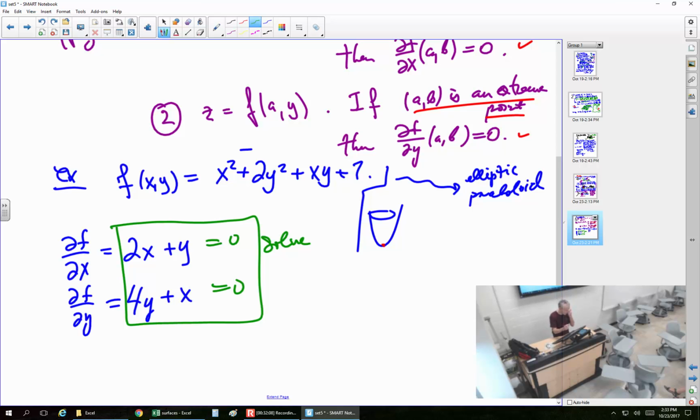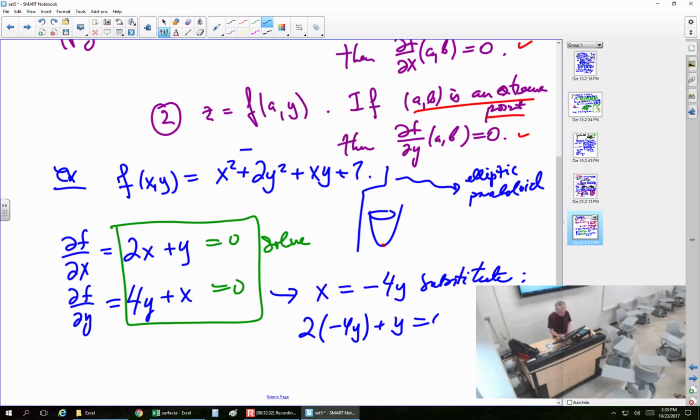So a little bit more work, but it works out pretty much exactly the same way. So I take maybe the last equation. From the last equation, I have x equal negative 4y. Substitute into the first equation. So what do I have? 2 times negative 4y plus y is equal to 0.